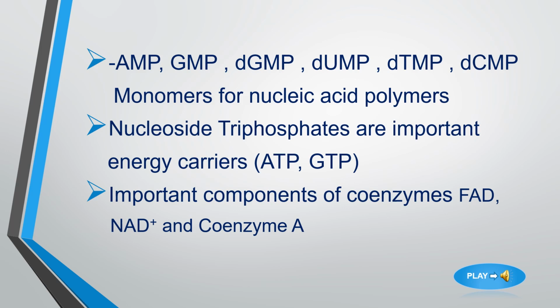Important energy carriers are adenosine triphosphate and guanosine triphosphate. Also important components of coenzymes: FAD, NAD, and coenzyme A. Already familiar, FAD is the coenzyme of riboflavin, NAD is the coenzyme of niacin, and coenzyme A is the coenzyme of pantothenic acid.